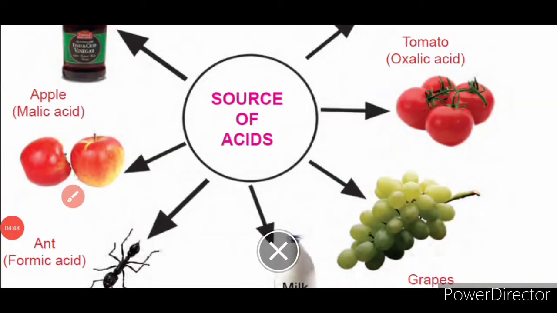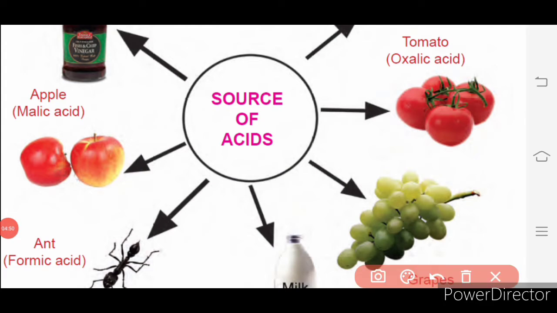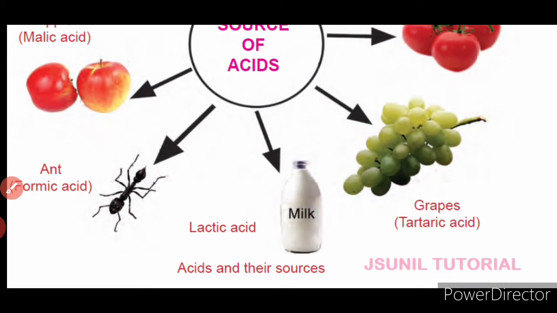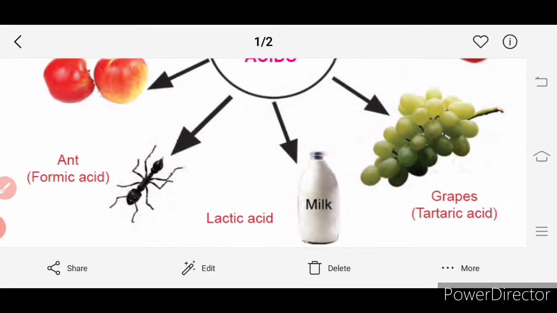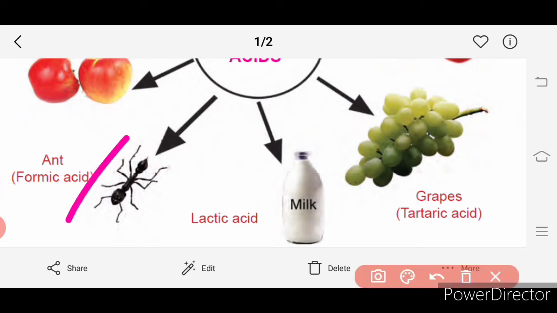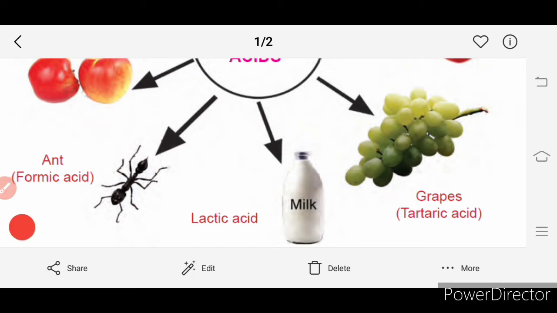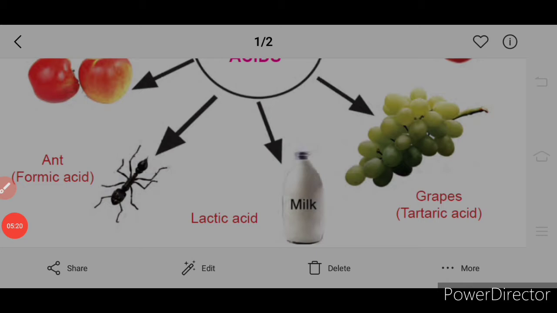The apple has malic acid, the tomato has oxalic acid, and ants produce formic acid. Then milk has lactic acid, and grapes have tartaric acid. These are small things that we use in our day-to-day life.